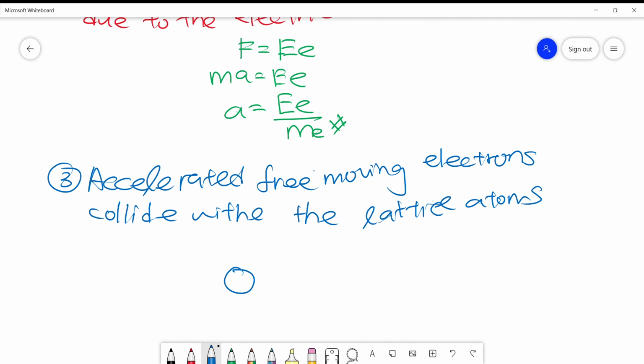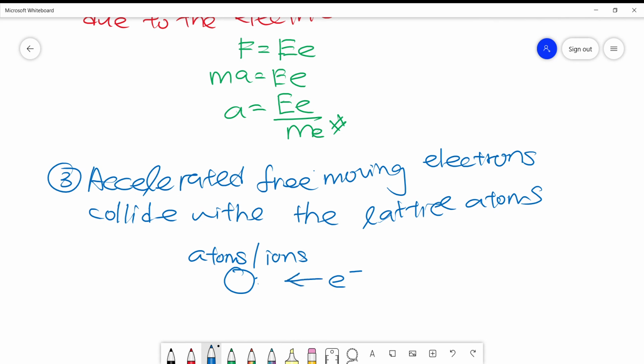I can say that this one is actually the ions, because the atom loses the electrons, since the electrons are free moving inside the metal wire. So this one is the atoms or ions. And this is actually the electrons.